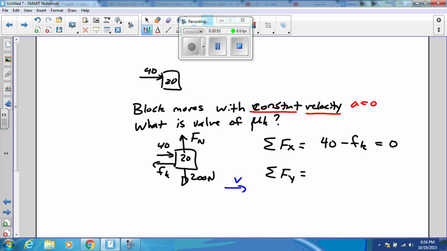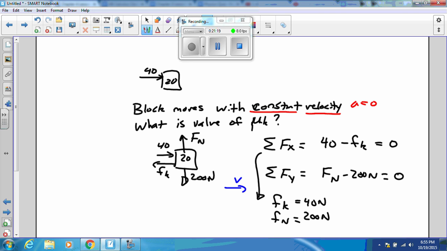Because we have constant velocity, the acceleration is 0, and therefore my sum of forces is also 0 in the x direction. Likewise, my sum of forces is 0 in the y direction because my block is not accelerating up or down vertically. And so I can immediately solve both of these equations to find that the force of friction is equal to 40 newtons, and the normal force is equal to 200 newtons.